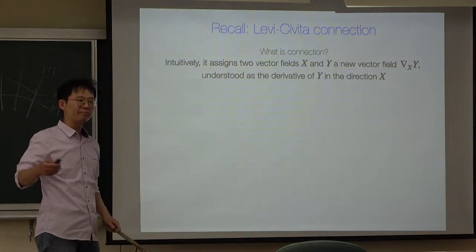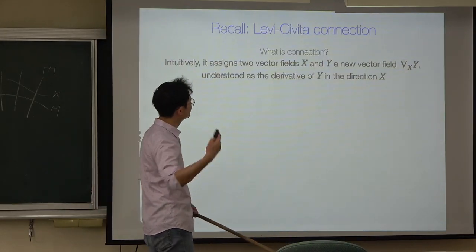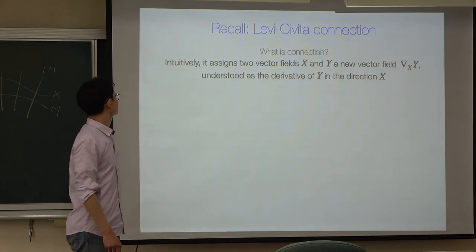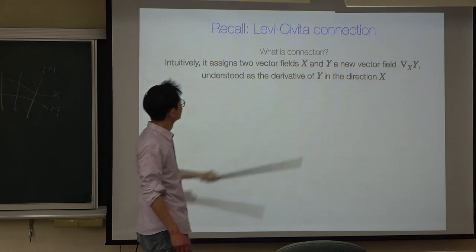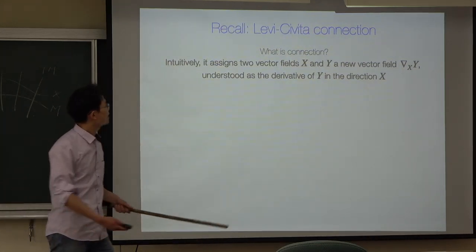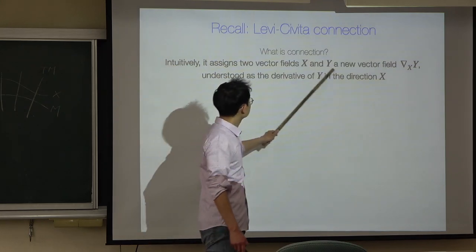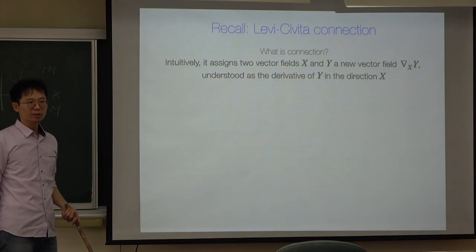It is a very, very basic fundamental notion in differential geometry, Riemannian geometry, that helps us to do different kinds of analysis. So intuitively, a connection is just an operator that assigns two vector fields to a new vector field. That is it. It's called a connection.